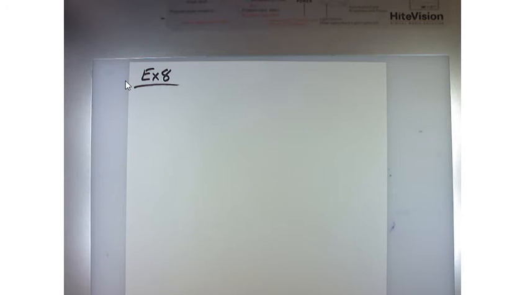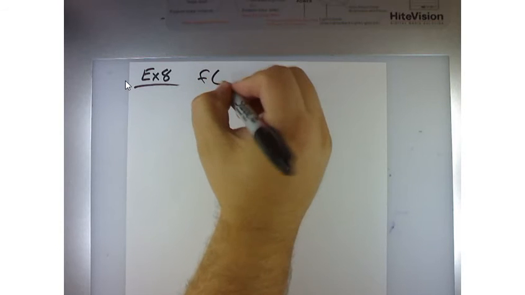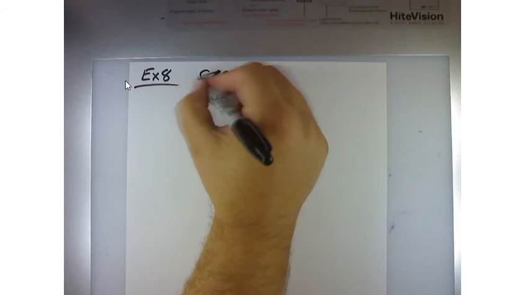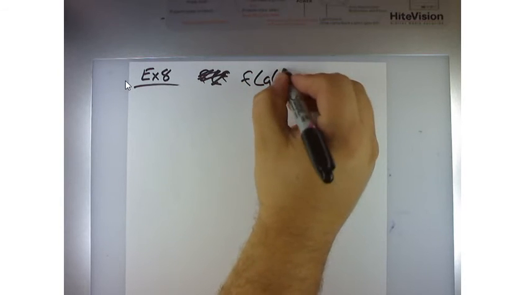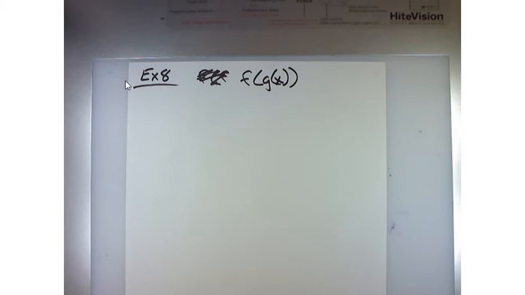So for example number 8, we're going to talk about composing functions. Now, a composition or a composite of f of g. If I say f of g of x, we talked about this a little bit. I'm going to plug a function into a function.